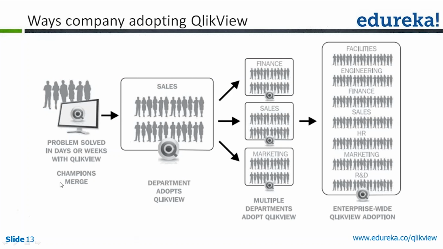Company analysts or business users adopt it first, and then they create some views and dashboards for themselves, and then finally give it to their department. Once the department adopts it, other departments see the value that Qlikview is giving, and then finally the entire company adopts it. This has been a trend which Qlikview has seen.